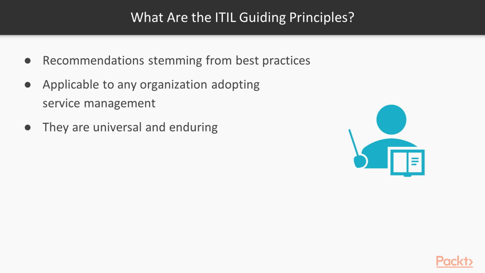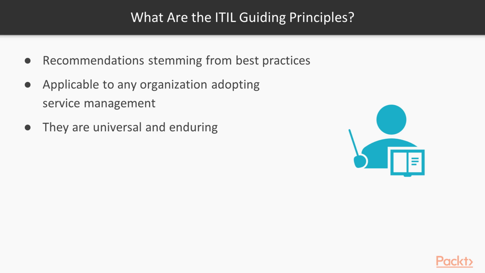What does it mean that they are universal and enduring? Universal means that it doesn't really matter what type of organization you have. You may have a small organization, you may be a medium or a large organization. You may be working in a particular industry or another. For example, you could be a provider in a bank or in a telecom company. It doesn't really matter.